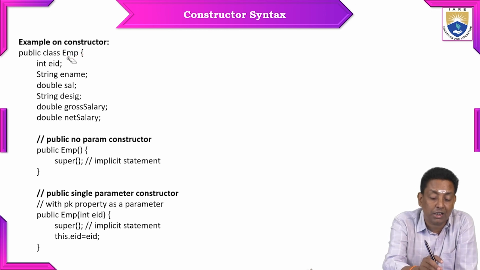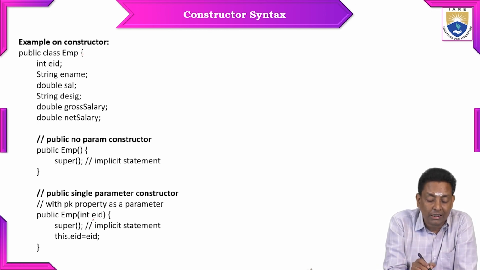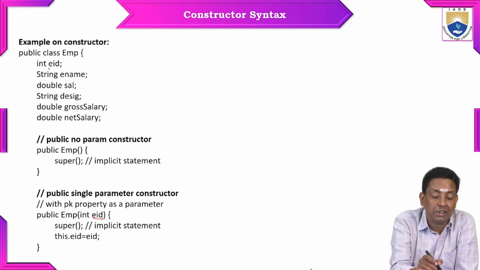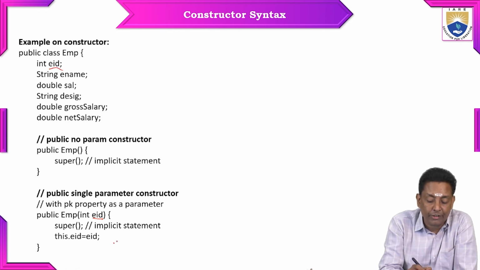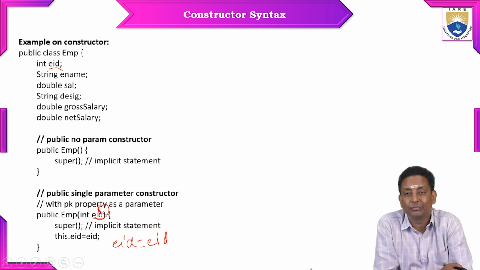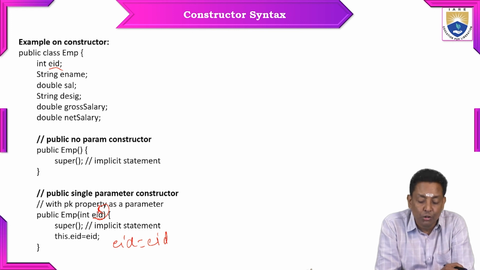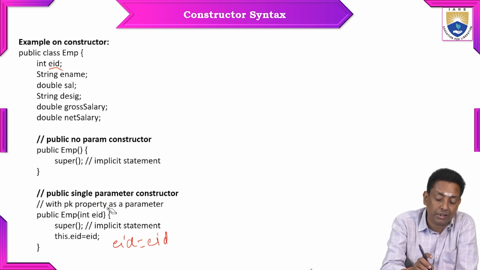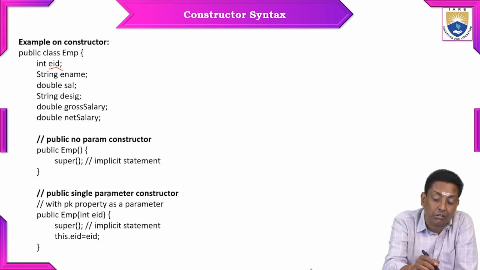But remember, here both the constructor parameter name is EID and the class instance variable name is also EID. If you simply write EID is equal to EID, this EID will be assigned to itself. Don't do that. The same EID will be assigned to the same EID, but the constructor parameter won't be assigned to the class instance variable.